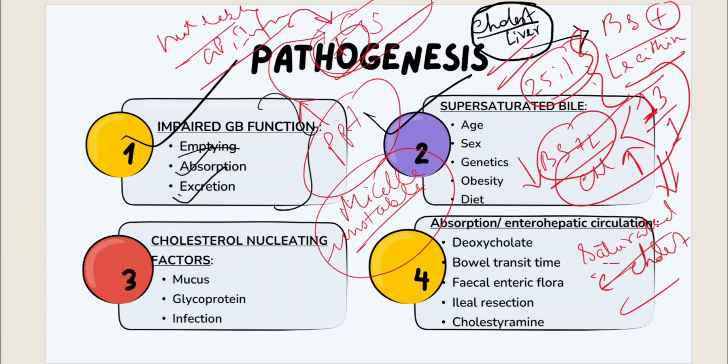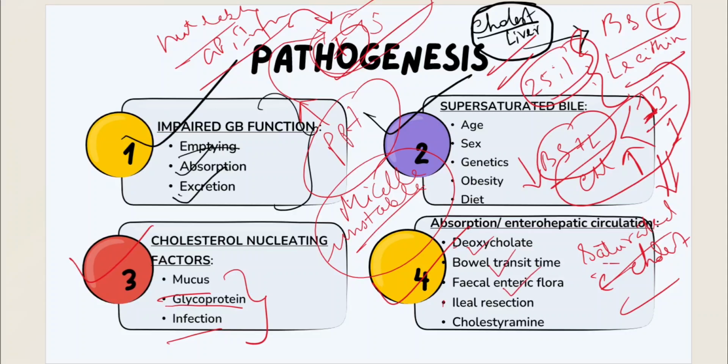Okay. Third factor of gallstone formation is cholesterol nucleating factor. I have already mentioned some glycoproteins, mucus, infections. These are also leading factors for nucleation and forming monohydrate crystal, and then finally the gallstone. Absorption or enterohepatic circulation is the fourth major factor. If there is any disturbance in the enterohepatic circulation, then also gallstone formation increases. For example, deoxycholate, and bowel transit time is also another important factor.